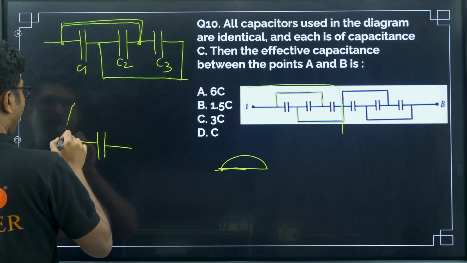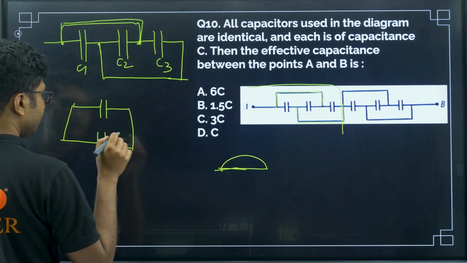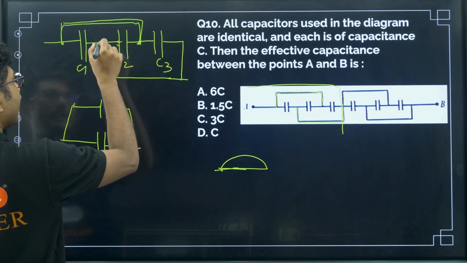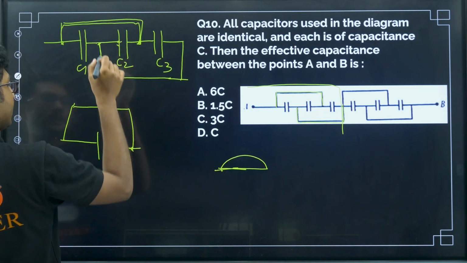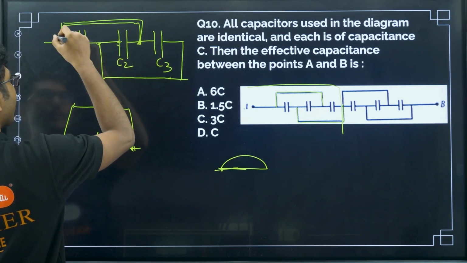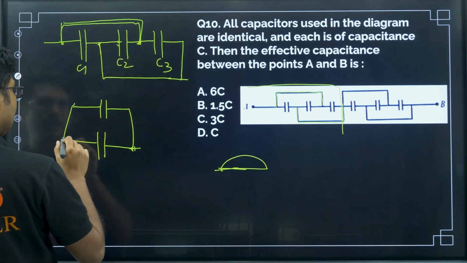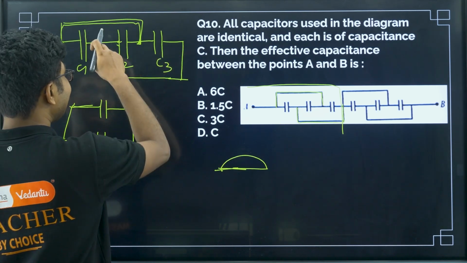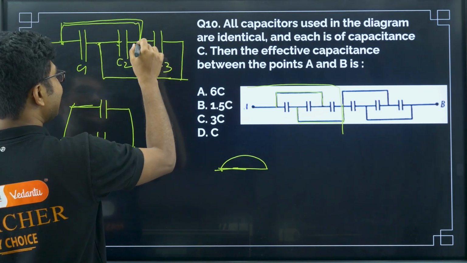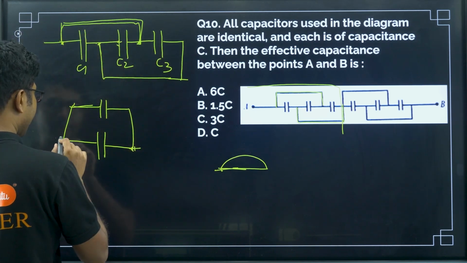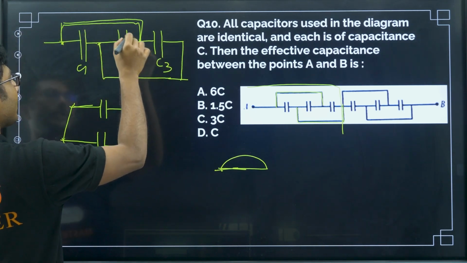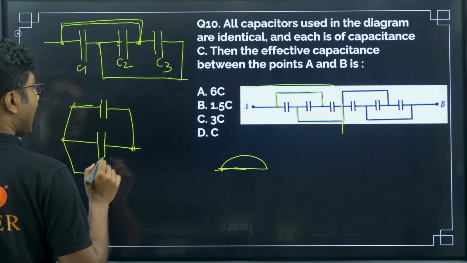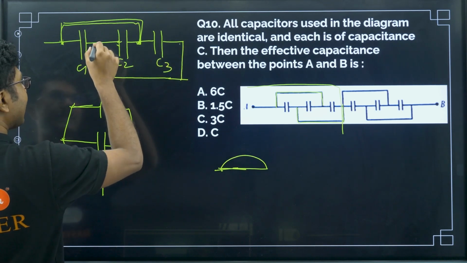We can see this point is already here. These 2 points are connected here, and these 2 points are connected like this. Okay, so now let us focus on C3. C3, this end is again connected to the starting point, and the ending point is again connected to this point.